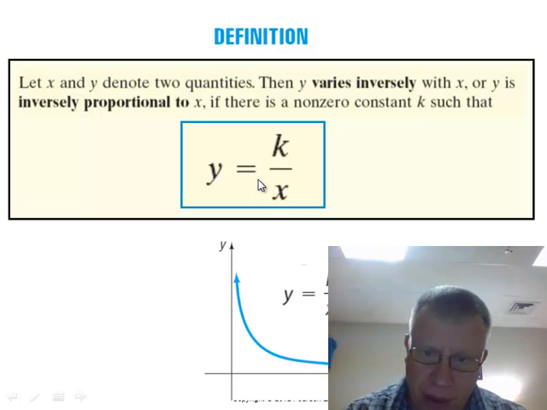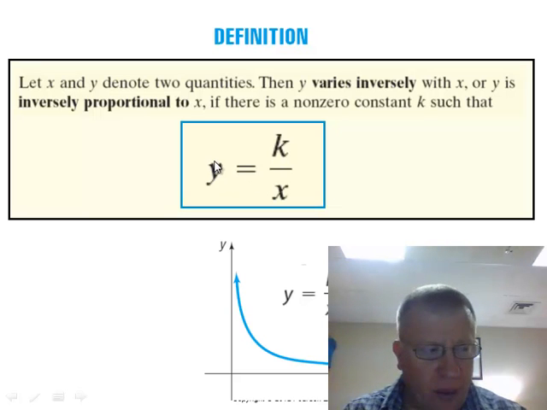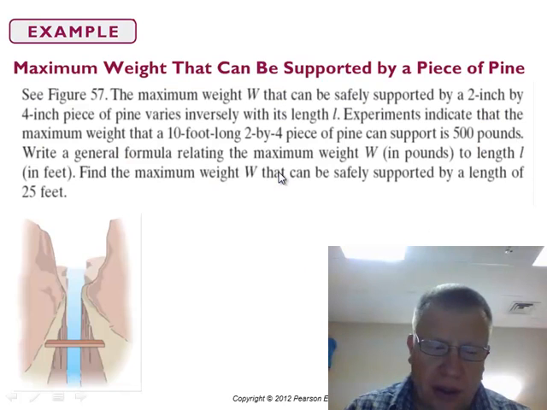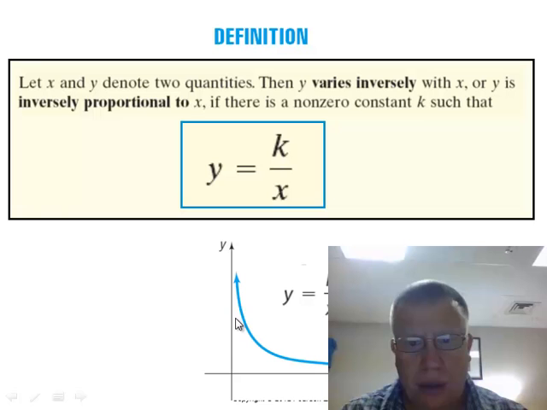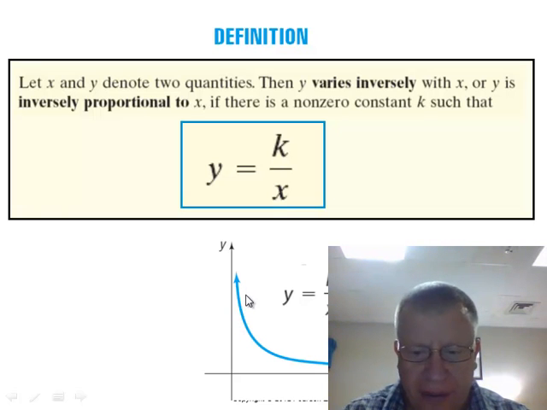Anyway, it's customary for us to have y to the left and our expression involving x to the right. Now here's what the graph looks like. Of course, the specific shape of it will depend on k.